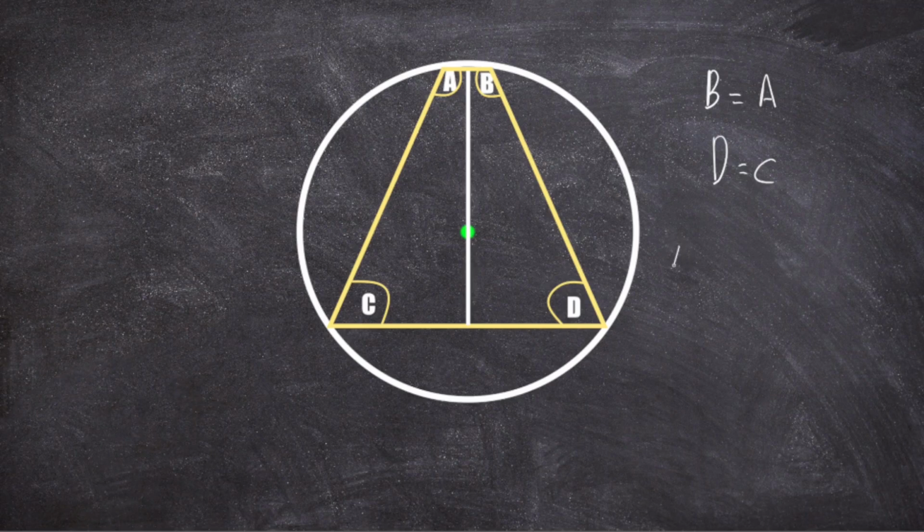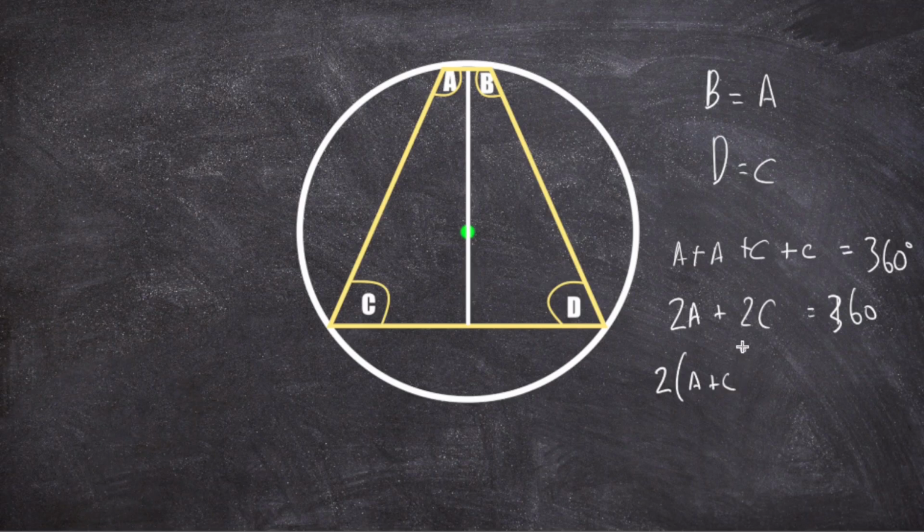We have the angle A, then we have the angle B, but we said B is the same as A, so we can add another A, plus C, and then we can add D, but remember D equals C, so we add another C, and that should equal 360 degrees because that's the sum of angles in a quadrilateral, which means that 2A plus 2C equals 360. We can factor out the 2 from the left-hand side of the equation, which means 2 times (A plus C) equals 360 degrees.